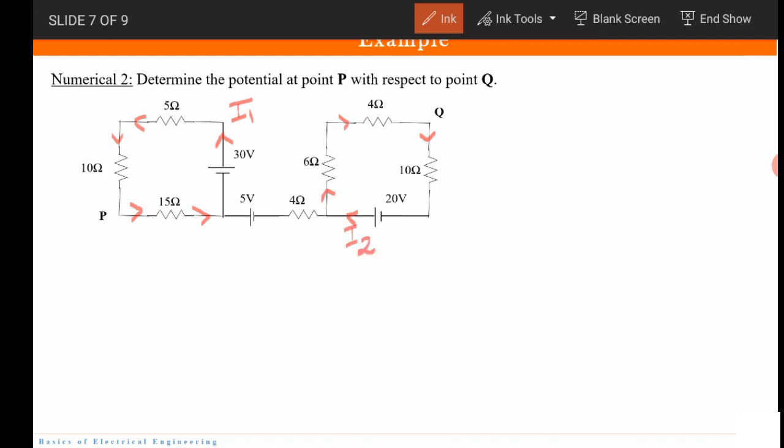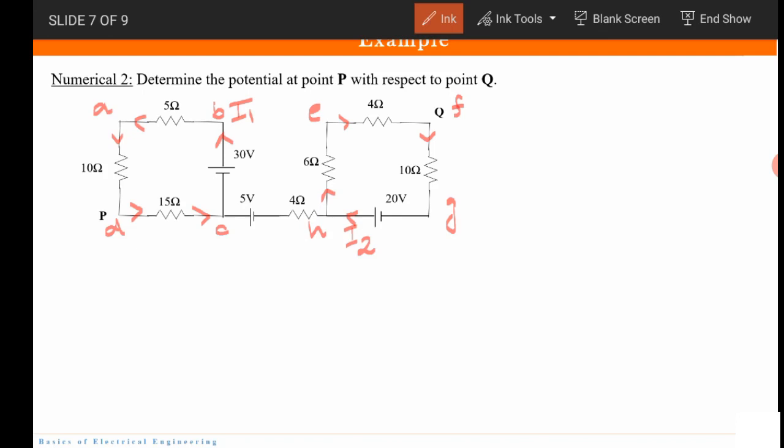Okay. Now I will start writing the equation. So for that, first let me name the points. So this is A, B, C, D, E, F, G, H. Fine. Okay. Yes. So we will move ahead now.